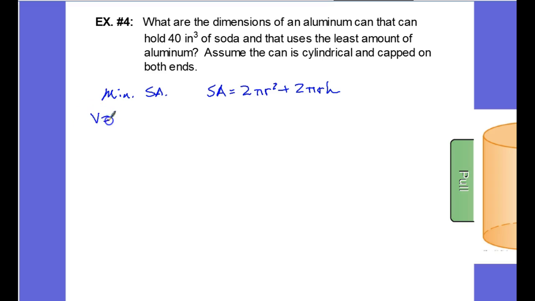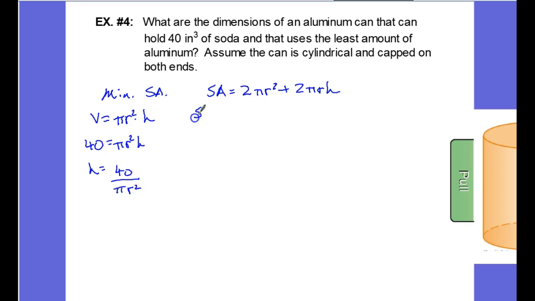So volume is going to be the base pi r squared, which is a circle, times the height. And so now, letting V be equal to 40, why don't we solve for h, and then we can have surface area as a function of r. So this gives us pi r squared h, and h equals 40 divided by pi r squared.